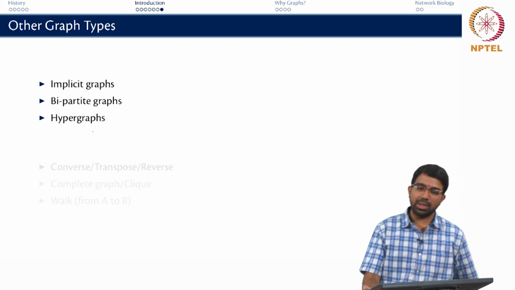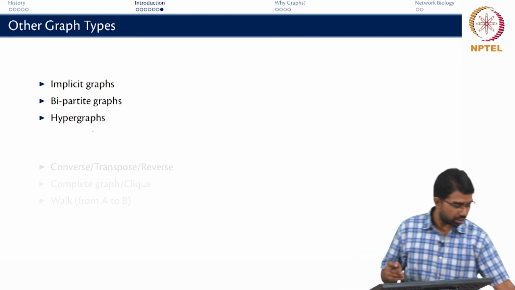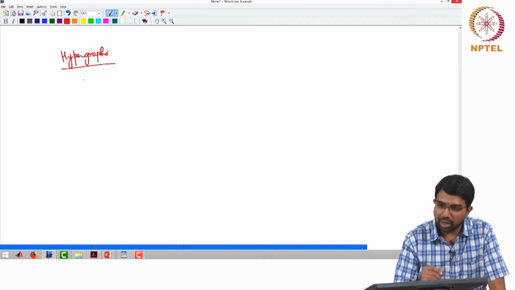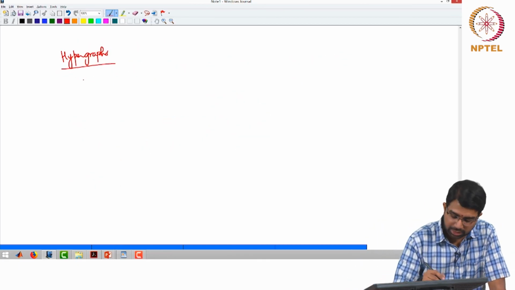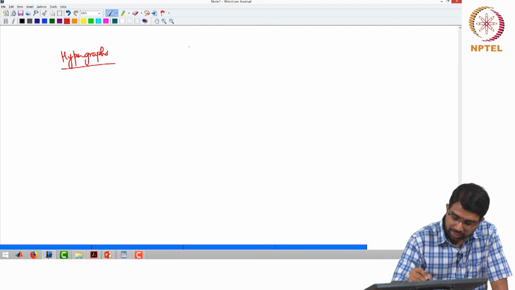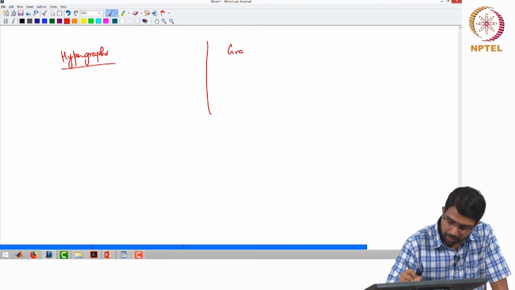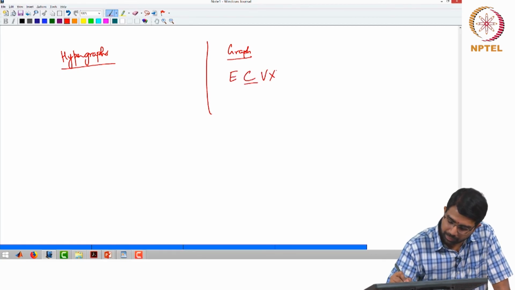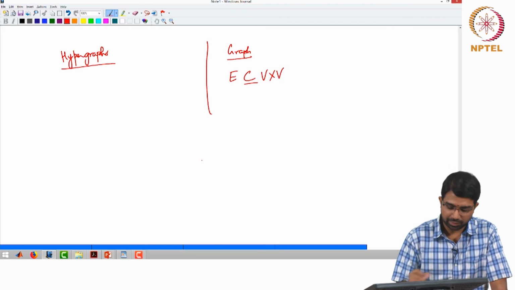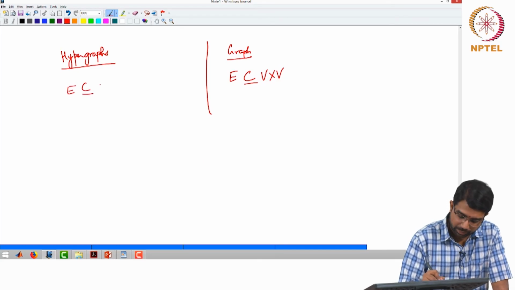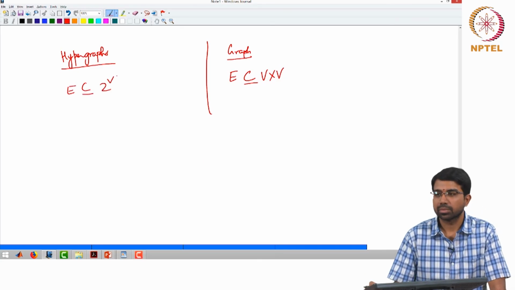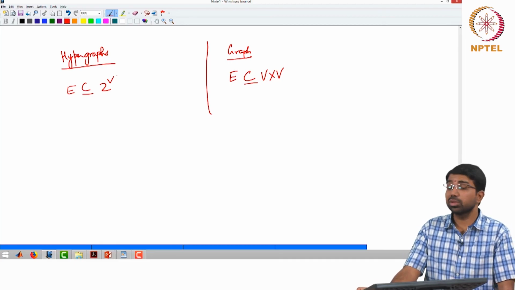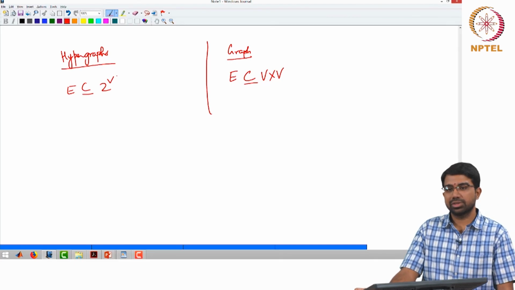And then you have hypergraphs, which are nicer generalizations. In a graph an edge connects two nodes, whereas in a hypergraph you can have more than two nodes connected by an edge.